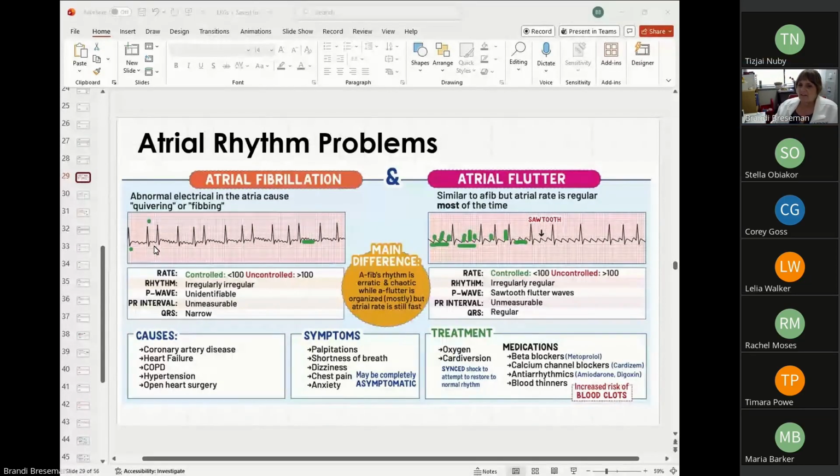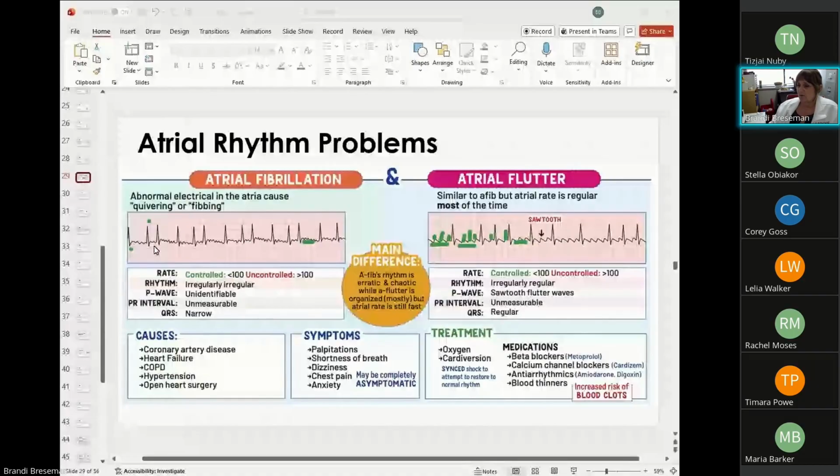You have to sync to do cardioversion. Otherwise, you are just shocking your patient at any point in the rhythm and you could hit them on that T wave and put them into complete cardiac arrest.